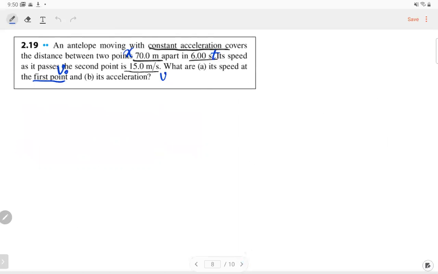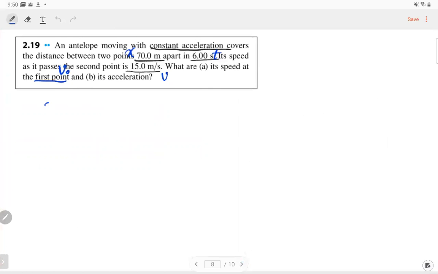So let me copy it here. The displacement equals 1/2 (v0 plus v) times t. This is the equation we're going to use. The displacement is 70, and the initial velocity here is unknown.